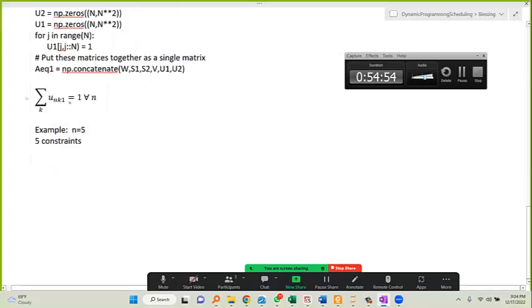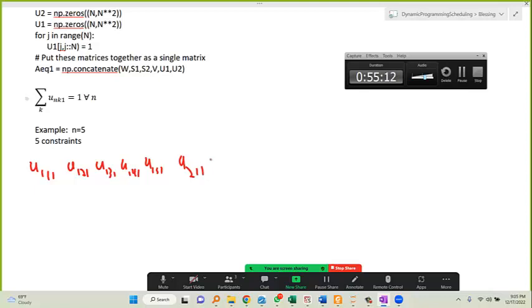The variables are going to be U111, U121, U131, and then U211.